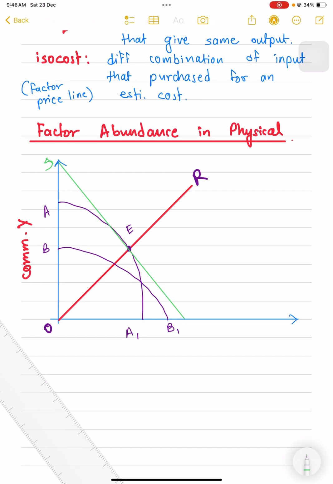If you draw a sloped green line, you will understand that at point E, A will produce OS amount of commodity Y and OT amount of commodity X. Now OS is greater than OT.